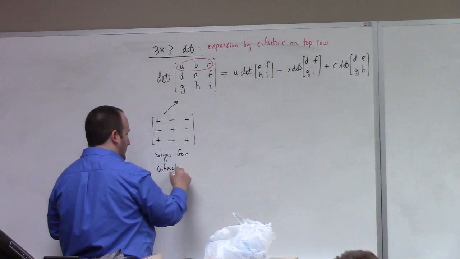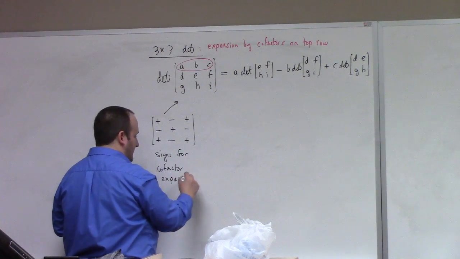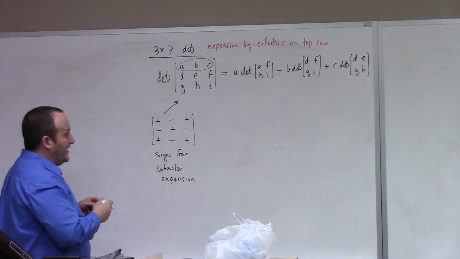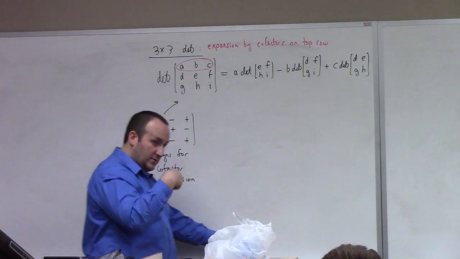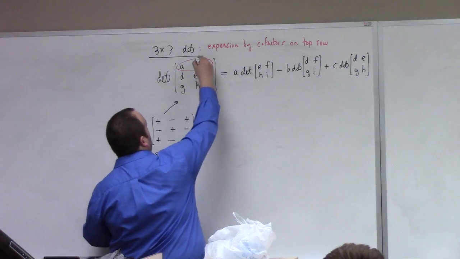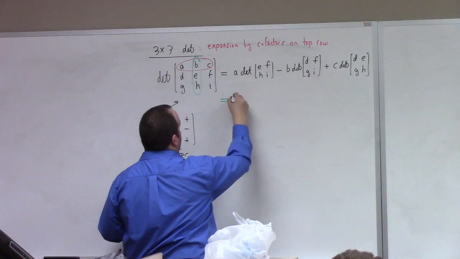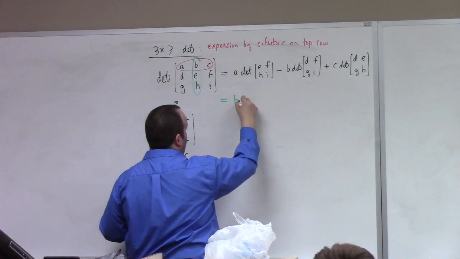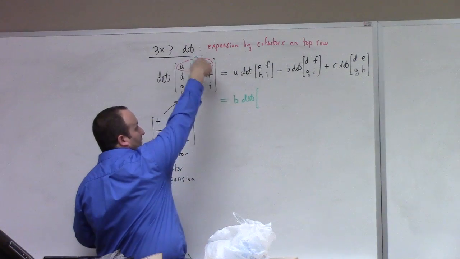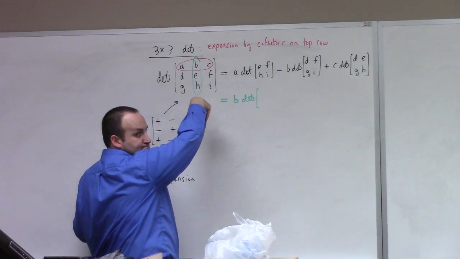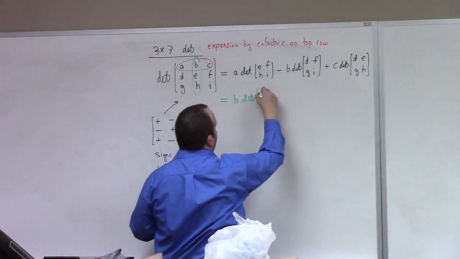So let me just show you another one, which maybe you haven't seen before. How would you expand on the middle row here, middle column? To expand on that, it would look like this. B, and then I do the determinant of everything that's not in the B row and column. So that's D, F, G, I.